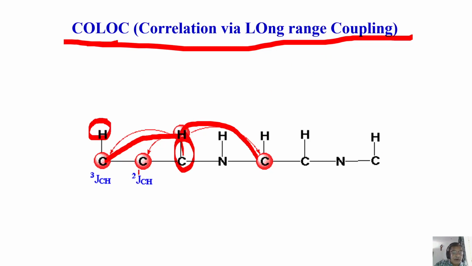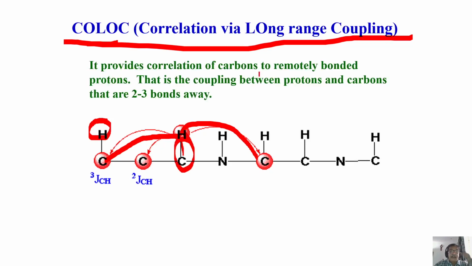For example, two-bond coupling between proton and carbon can be correlated. Three-bond coupling between this carbon and this proton can be correlated. But mind you, it's the most difficult and time-consuming experiment because you are trying to correlate the long-range coupling. And you may ask me a question, what happened to one-bond coupling?